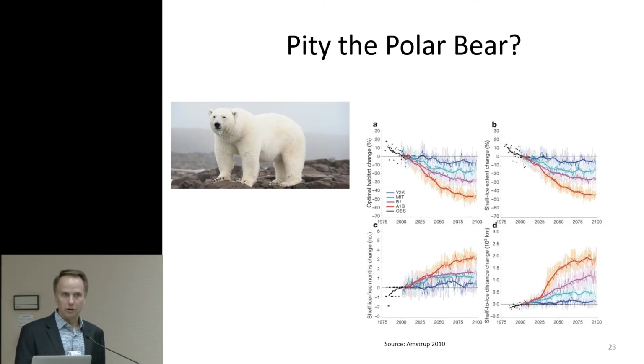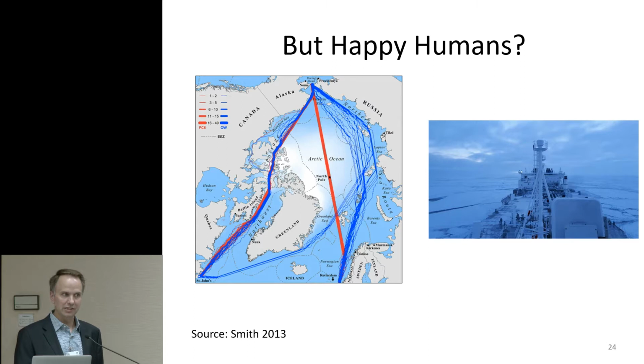Now, since we think about trade-offs, and certainly these accounts are going to be used to look at trade-offs, we might end up with a lot of happy humans as a result of this, despite our sad polar bears. And one of the reasons for this is that as that Arctic sea ice goes away, one study in 2013 found that instead of the typical sea routes which rely on moving along the northern coast of Russia here, we now will have, and these blue lines are non-icebreaker ships, right?